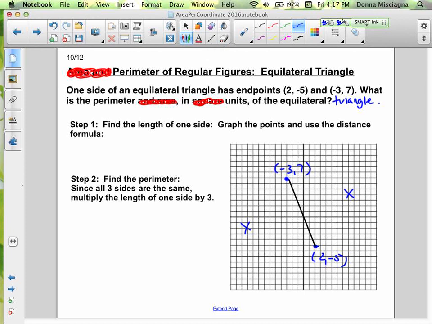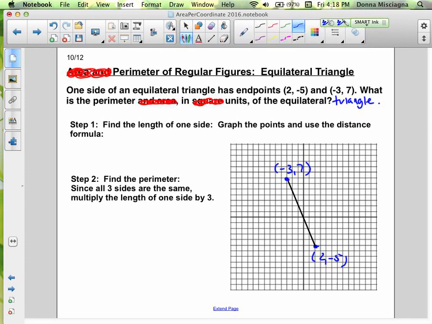If you notice here, it almost looks like maybe that triangle goes through (0, 0). Is my line really crooked? I think my line might be really crooked. I should probably make that a little straighter. So our third point is on one of those two sides, but I don't think we'll spend the time finding it. I think we'll just focus on perimeter for this problem, okay?